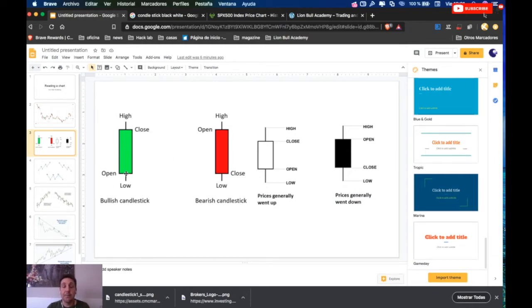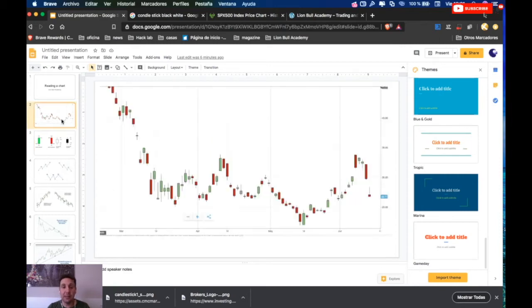Then the price closes, because each candle has a determinate period of time. Let's make an example where this candle is 5 minutes. It means one candle here in the chart represents 5 minutes of movement of that stock.